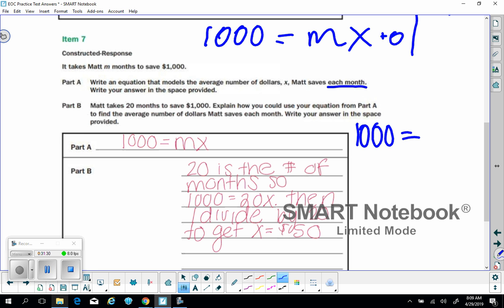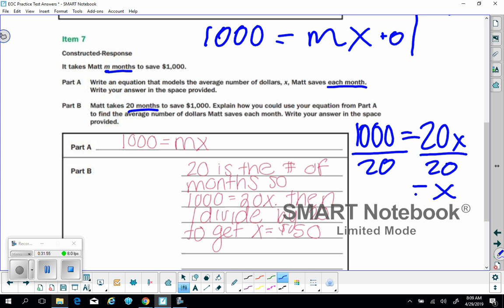M, because m is the number of months, and it takes him m months. So we plug in 20x, right? Okay, so now what do I do? Divide. What do I end up with? $50.